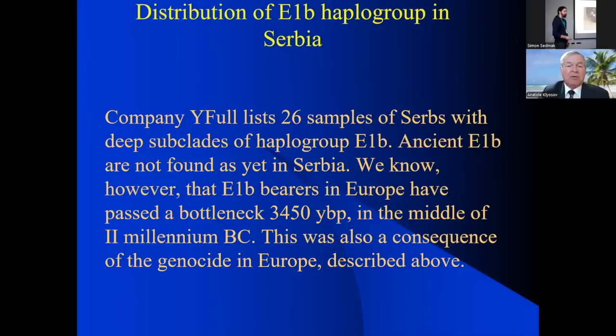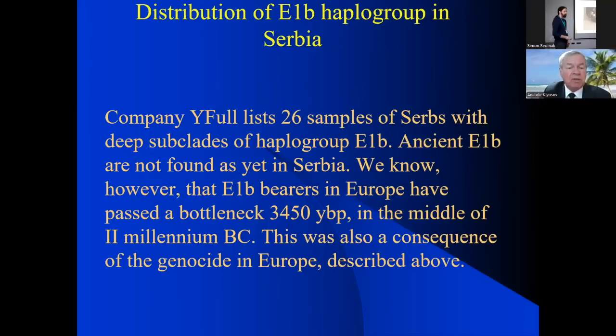All right, so now let's switch to E1b haplogroup in Serbia, which is pretty well represented in Serbian males. The company lists 26 samples of Serbs with deep subclades of haplogroup E1b. Remember, it was 108 samples with I and only 26 samples with deep subclades of haplogroup E1b.